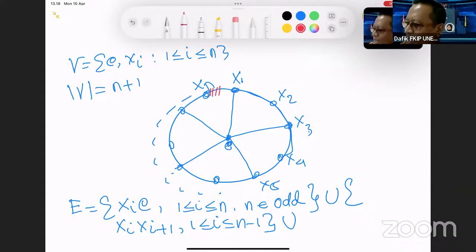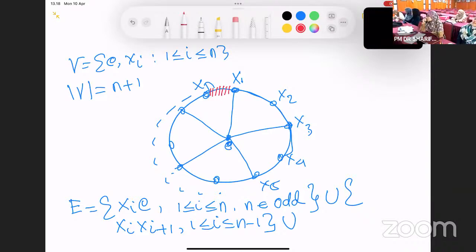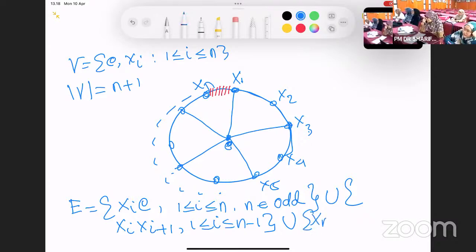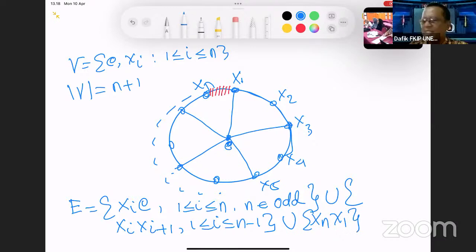The one left is this one, x_n and x_1. That's it. So what is the cardinality of H?